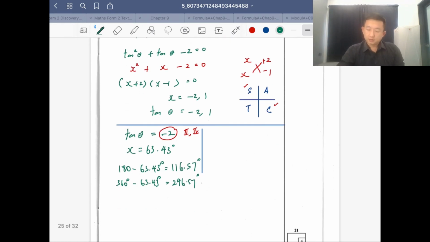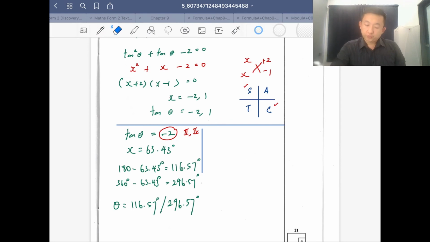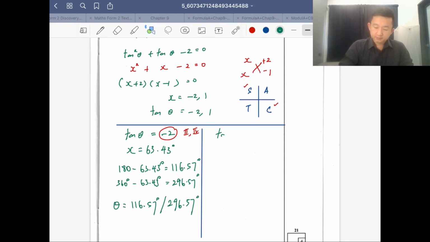Okay, so theta is either 116 or 296. Quadrant 2 and quadrant 4. Okay, another one, tan theta equals 1, positive.